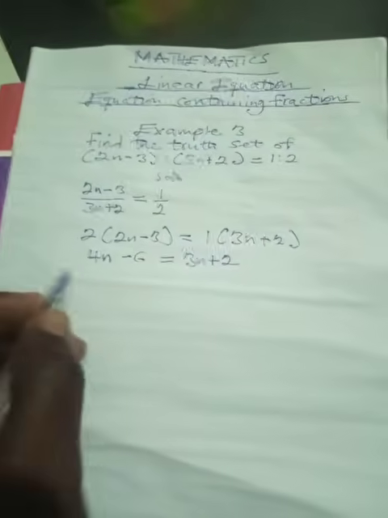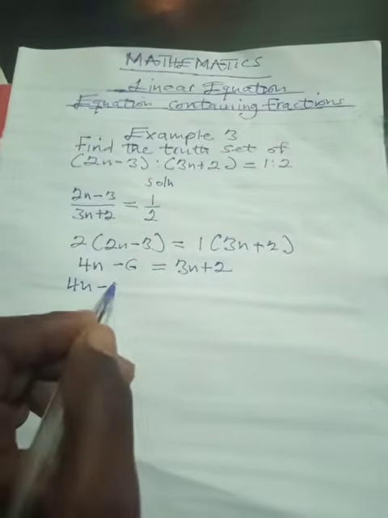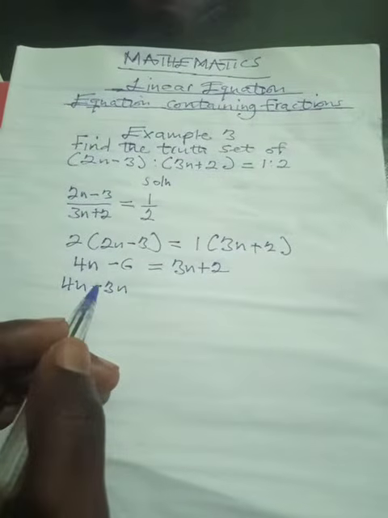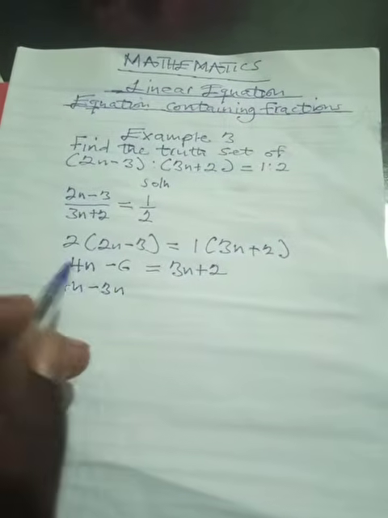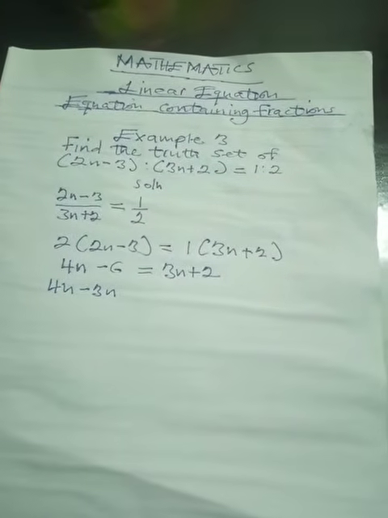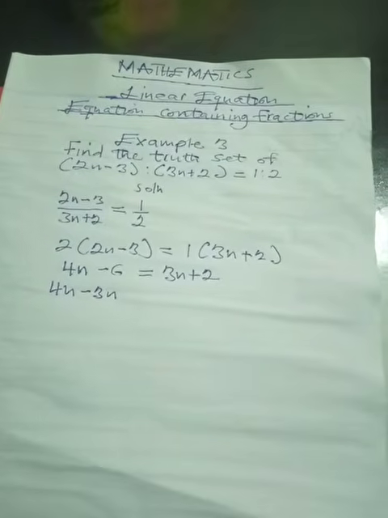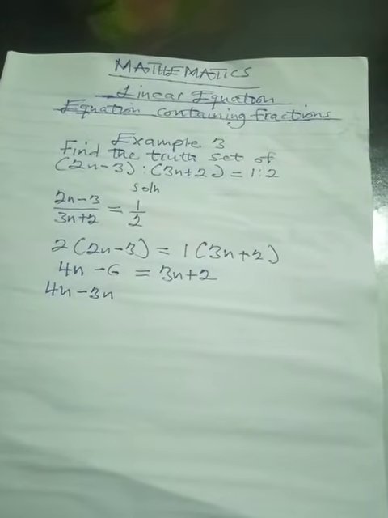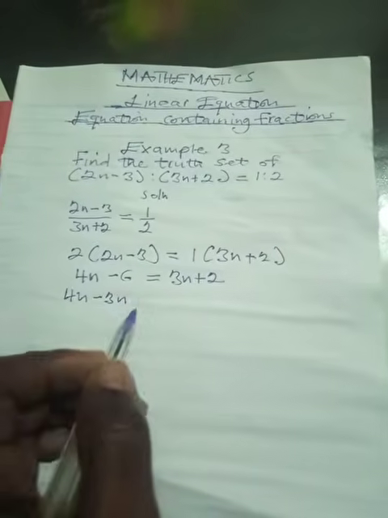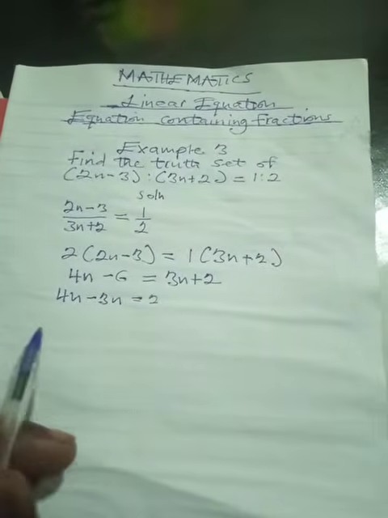So 4n minus 3n, because the 3n on my right hand side will move to the left hand side. When it crosses, it is positive on the right hand side, so when it moves to the left hand side it becomes negative 3n. Equal to 2, then the negative 6 will also move to the right hand side.